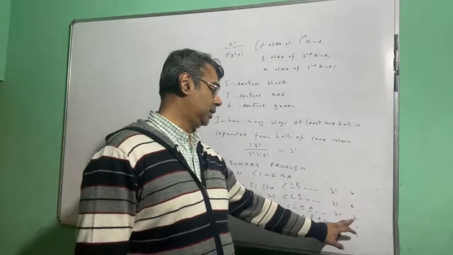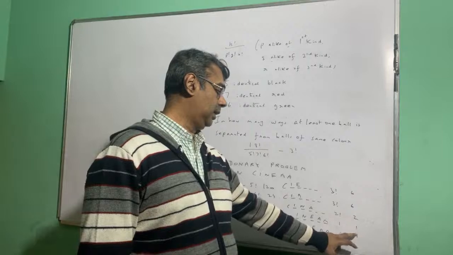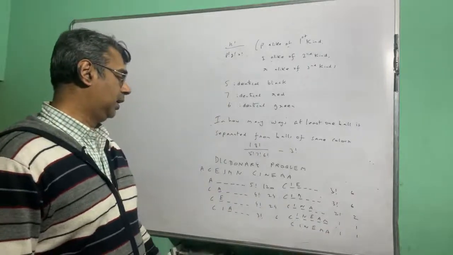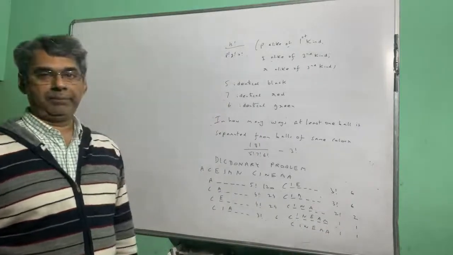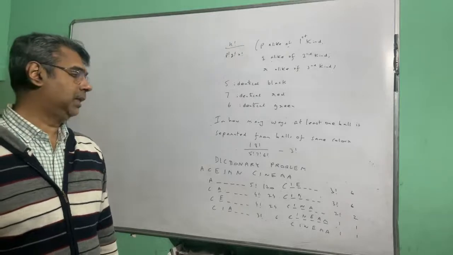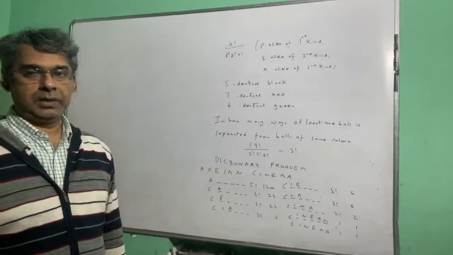Then 180, 186, 188, 189, 190. So the rank of cinema will be 190, right? This is a very, very common question, the dictionary problem.